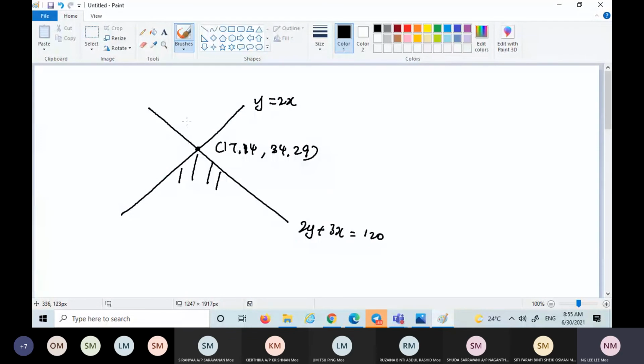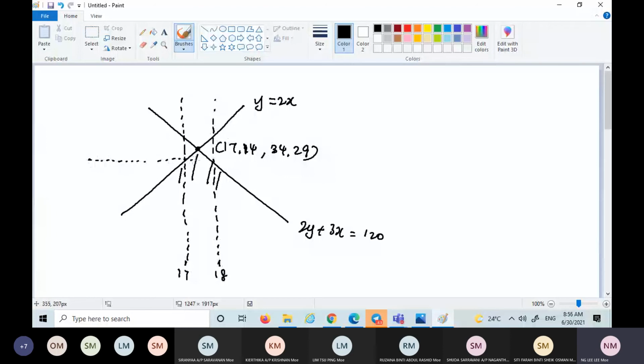Let's say 17 is here, and 18 is here. This is for x. And 34.29, so let's say 34 is here.